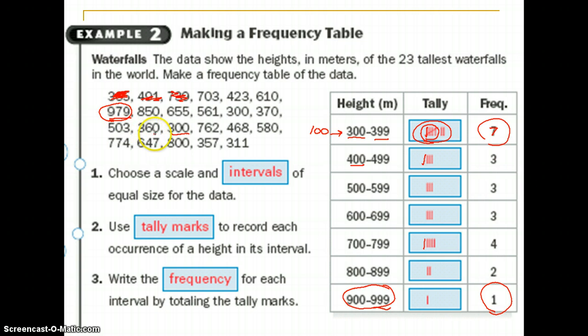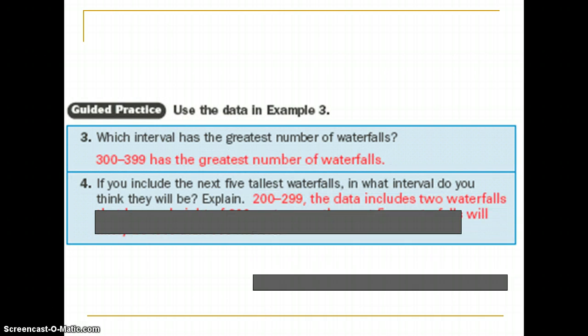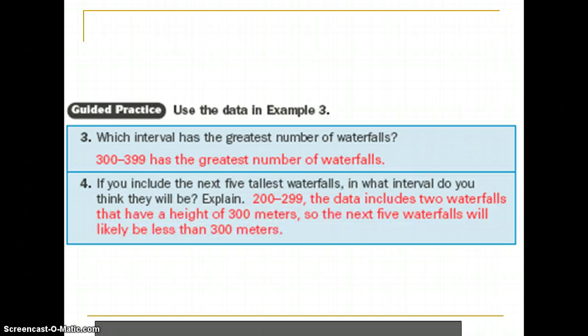The next tallest waterfall was, I believe it's 850. That's lower than the tallest. So if we go down from the tallest, 23, basically smaller than the tallest, the next 5 tallest would actually be between 200 to 299. The data includes 2 waterfalls that have a height of 300 meters, so the next 5 waterfalls will likely be less than 300 meters.